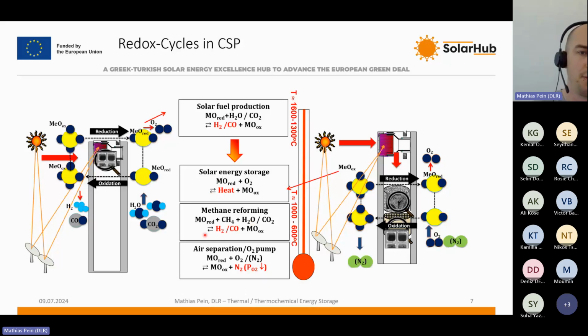You can also perform methane reforming, which is quite interesting when you look at the utilization of biogases or upgrading of biogases to hydrogen to make it available for synthetic fuel production. But you can also operate such a device in a way to separate air, because during the heat up, these materials essentially release pure oxygen.